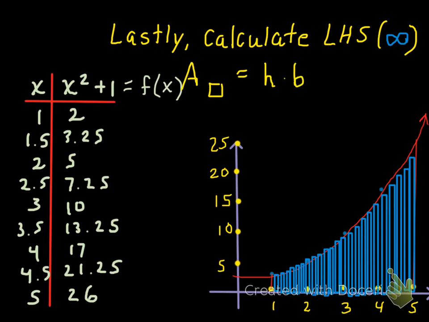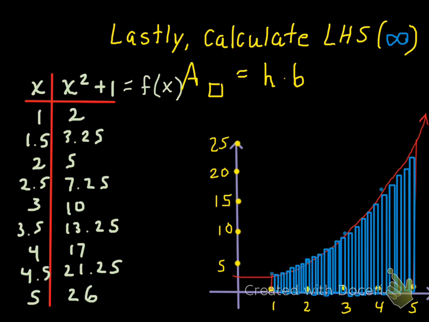Again, thinking about the area of a rectangle, each rectangle is height times base. Well, every single rectangle I can determine the height. The height of every rectangle, no matter the x coordinate I put in, is going to be determined by the formula x squared plus 1.